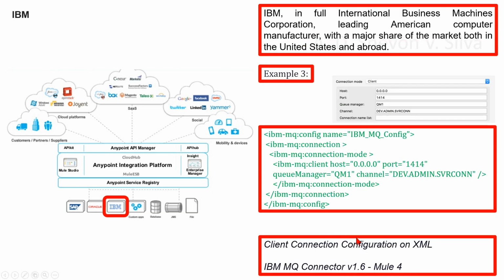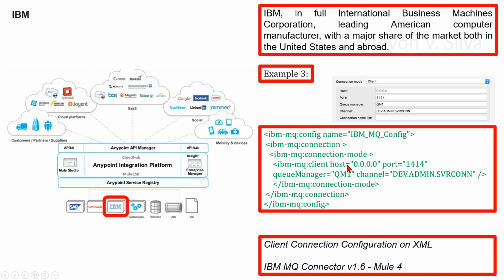As example 3, we are considering connection modes. Here we are considering the client connection configuration in XML. This other mode is the binding connection mode. Here the IBM MQ connector version 1.6 Mule 4.